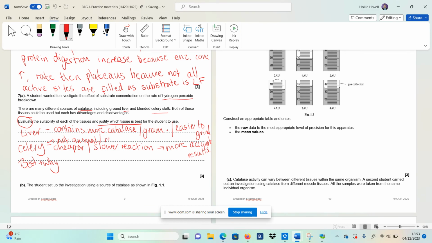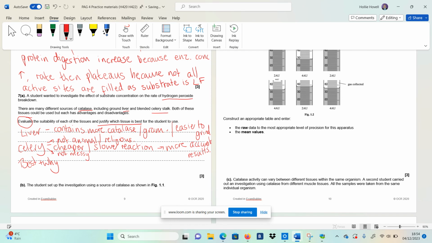Okay, so possible religious reasons why people think they don't want to use the liver, so it's better that it's not from an animal. You might say celery's better because it's not messy. Lots of people might not want to use liver because it's very messy to prepare and clean up afterwards.